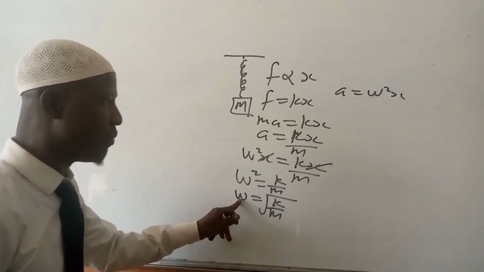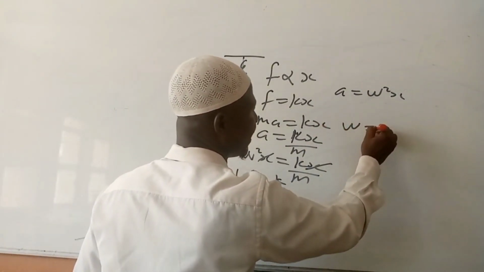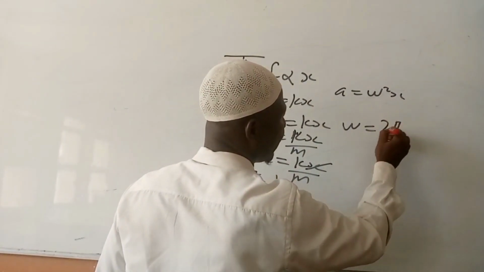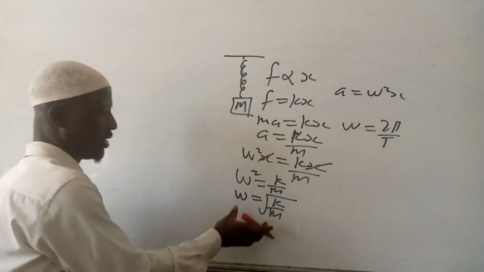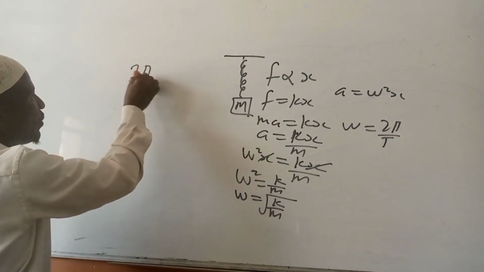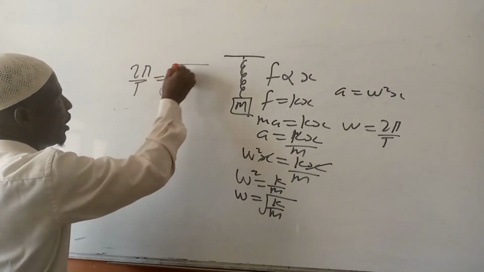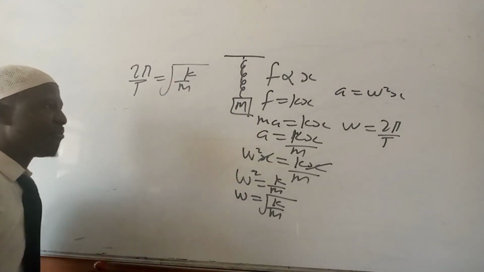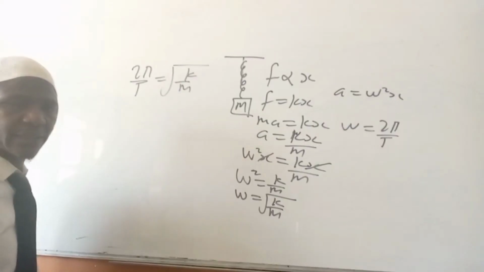Then don't forget our omega. I said it is either 2 pi f or 2 pi over t. That is 2 pi over t. Then substitute for that here. So we have 2 pi over t is equal to square root of k over m. Then find the reciprocal of both sides.